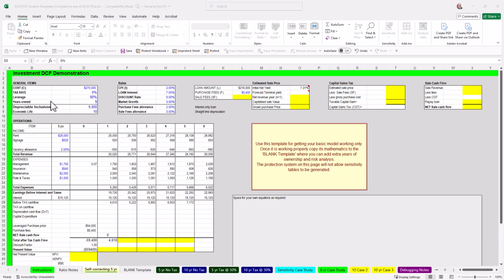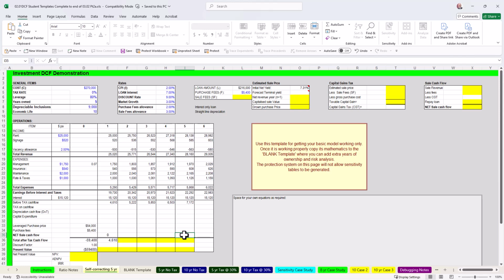Here we're assuming that we have a 5-year project and we want to work out what we're going to sell the property for and how much cash we're going to get from it. And so we need to do a number of other calculations now to work out what I'm calling the notional sale. The sale assuming we sell the property at the end of the 5th year.